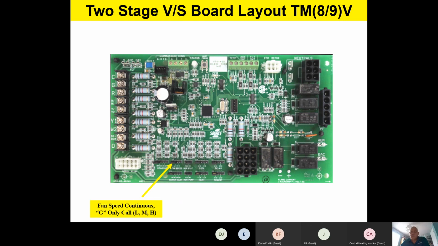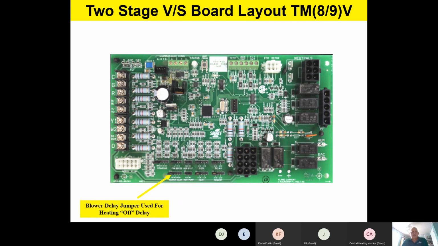And high will be 100% cooling airflow. So on this particular board, we give you just a high, medium, low, but it's a percentage of cooling airflow. So low is around 35%, medium 50%, high will be 100% on continuous fan operation based on that jumper selection.